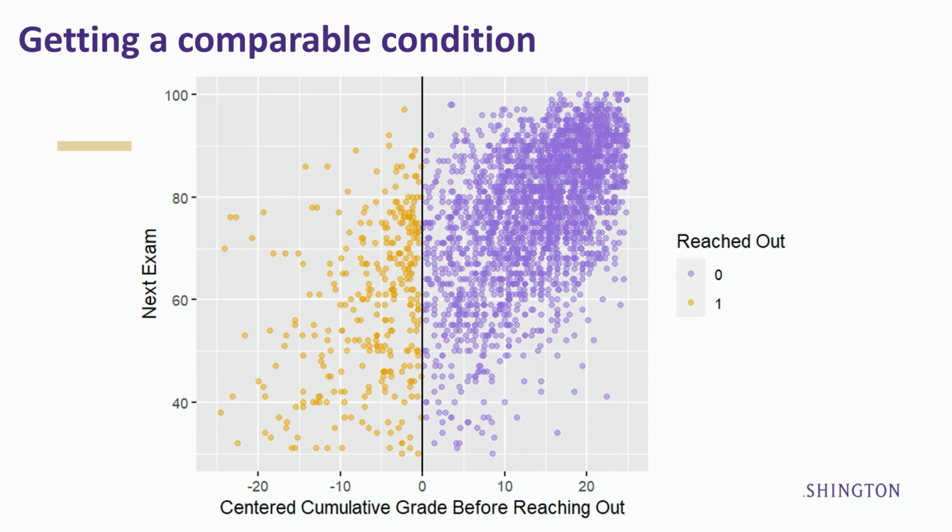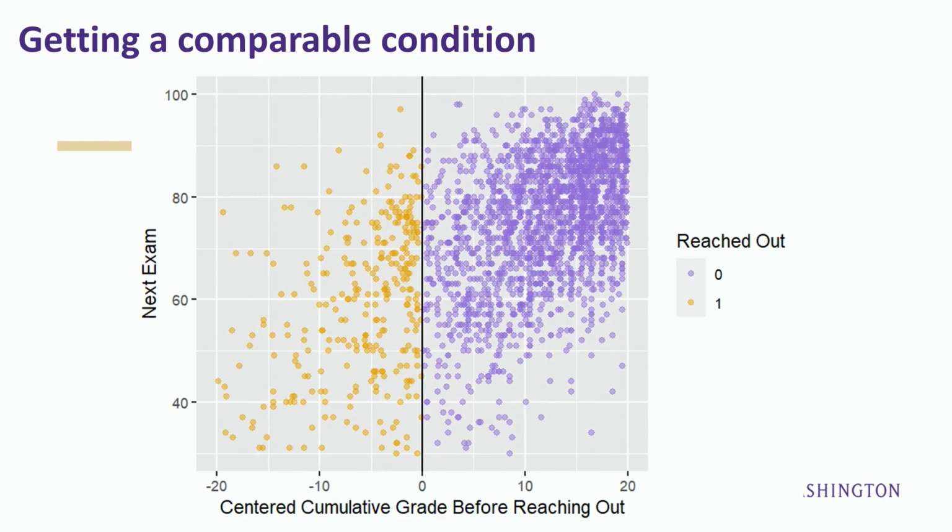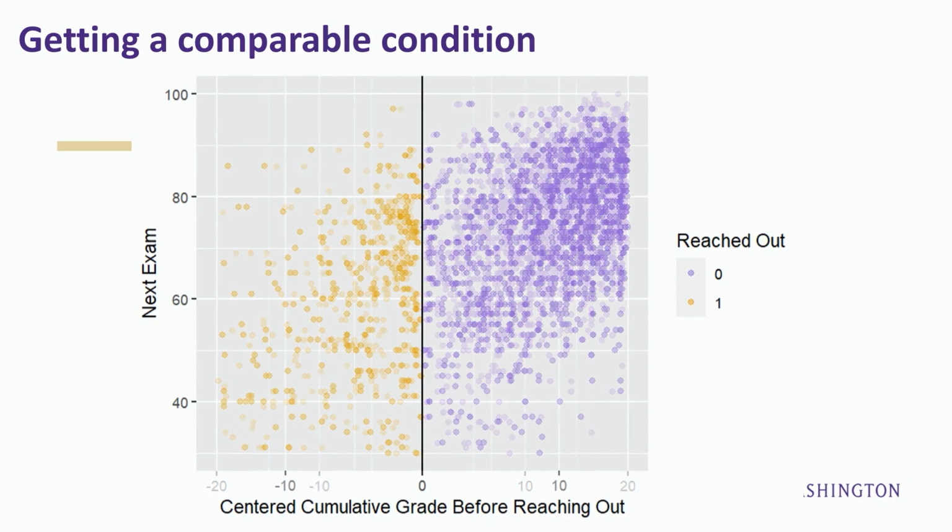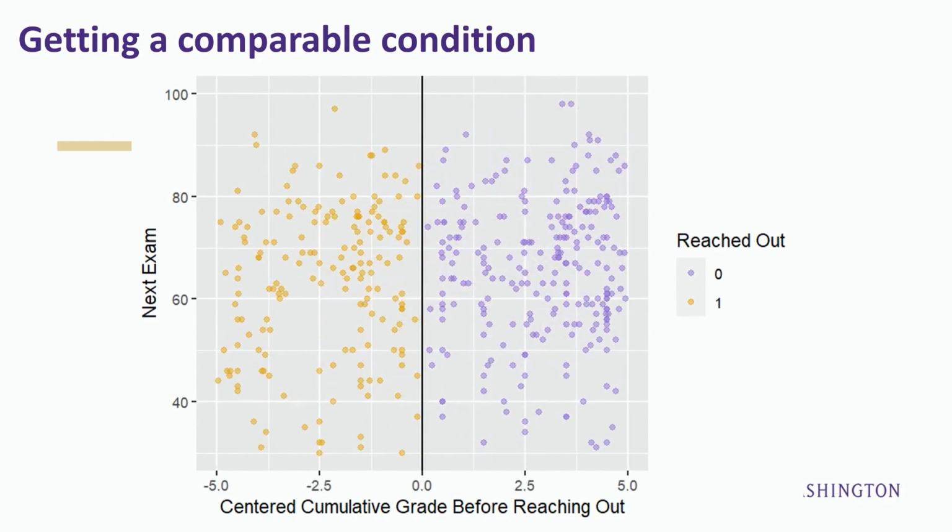Now, regression discontinuity requires you to narrow down the sample around this threshold, as we're trying to do right now. As we narrow down the sample, students who are still within it have very similar cumulative grades before reaching out, and it gets much more similar if we keep doing that.